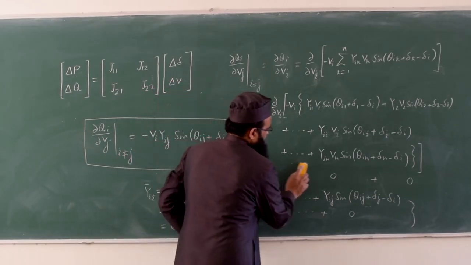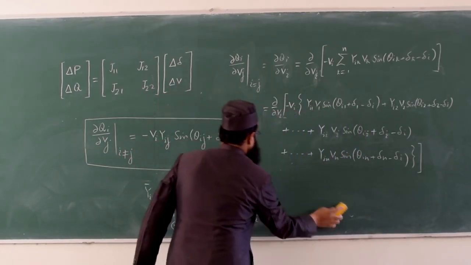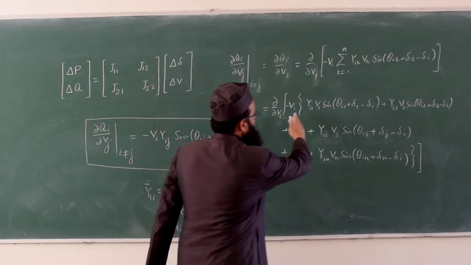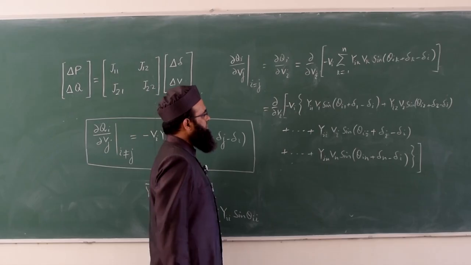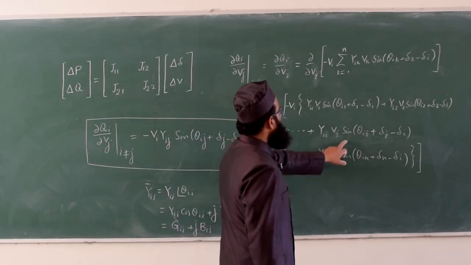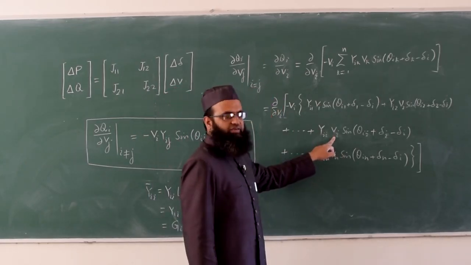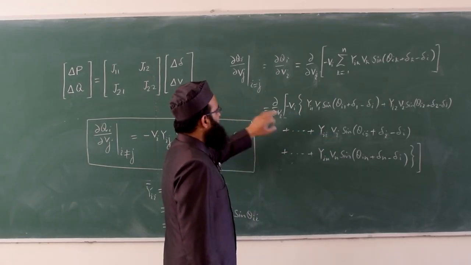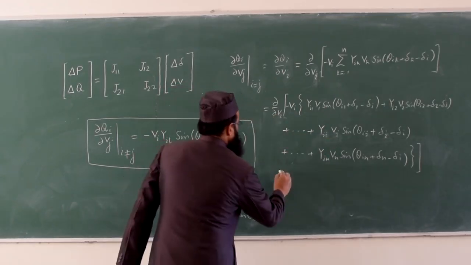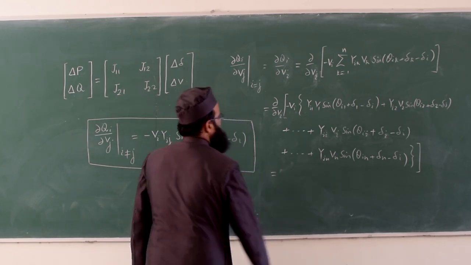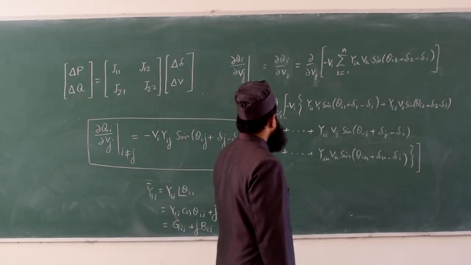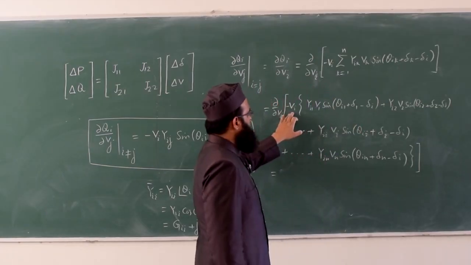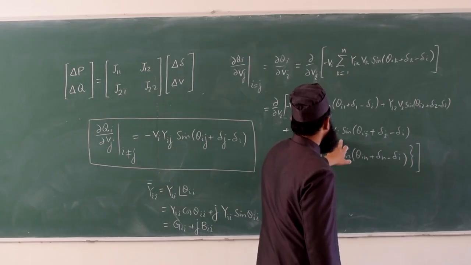This time our variable is Vi, and Vi is in all the terms. In the ith term we have Vi into Vi square. We have to differentiate the terms with respect to Vi. So, right here, this will be as it is, only Vi is there, and this will be equal to twice of that.